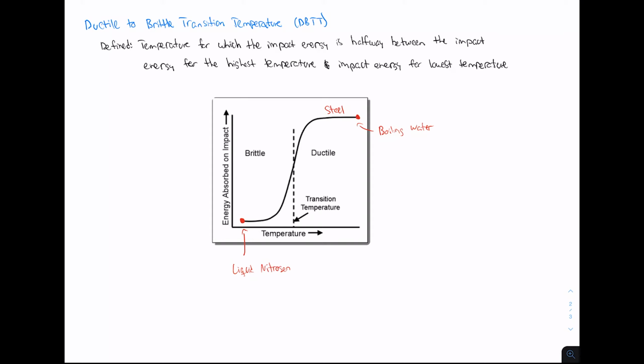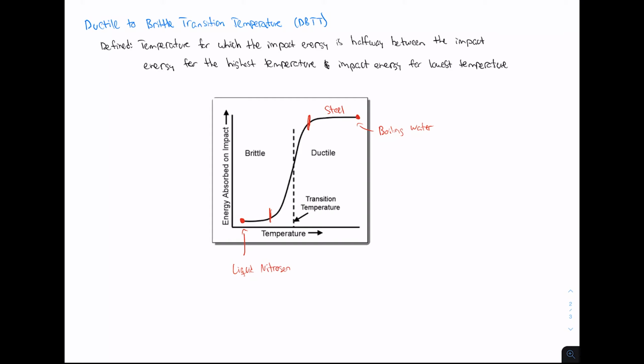And now this ductile to brittle transition temperature, it's a little more mathematical in its definition here, because we have this range where we're kind of in between brittle and ductile. We kind of have a combination of each of these.